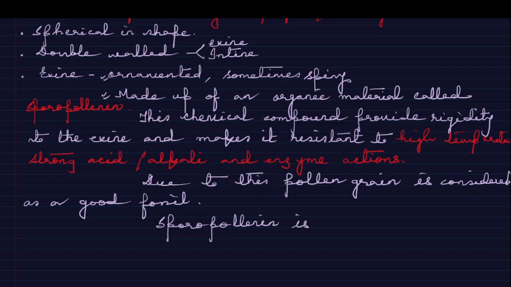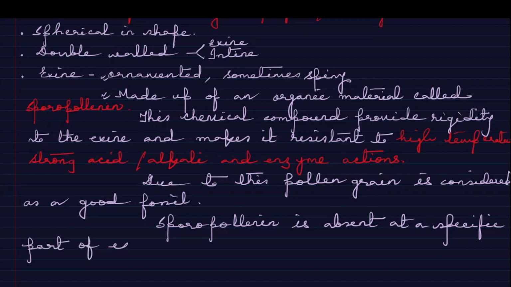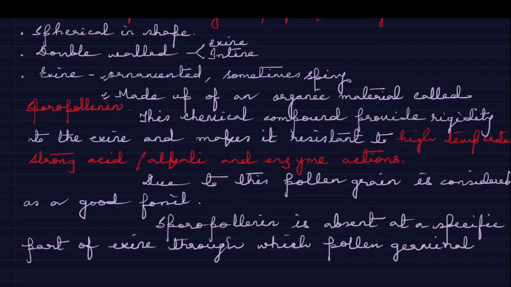Sporopollenin is absent at a specific part of the exine through which the pollen germinates to form the pollen tube.